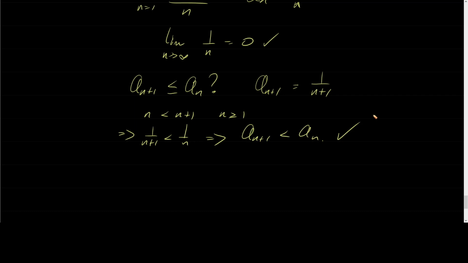Good. So what did we find here? We found that the series from 1 to infinity of -1 to the n plus 1 over n converges by the alternating series test.